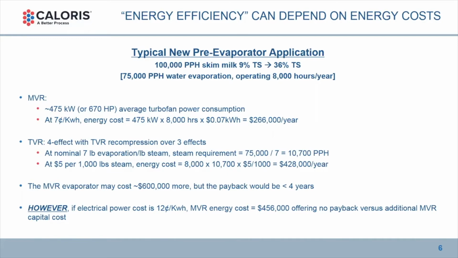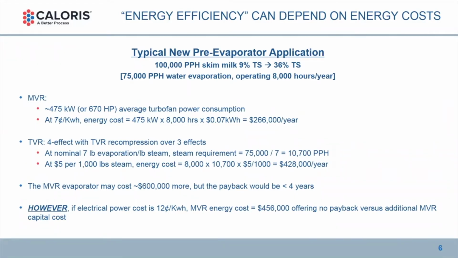Now you've got costs there, or you have to permit a steam boiler. So there's always a cost-benefit analysis associated with achieving what is the most energy efficient evaporator. So that's what I wanted to cover generally in energy efficiency.